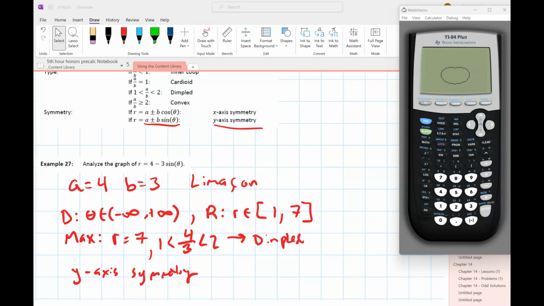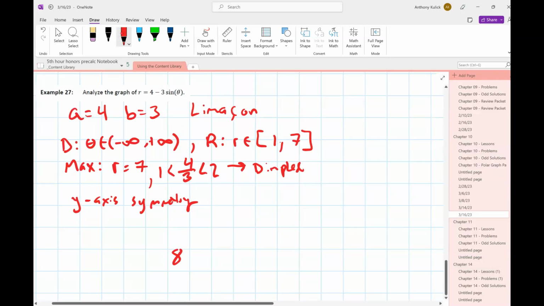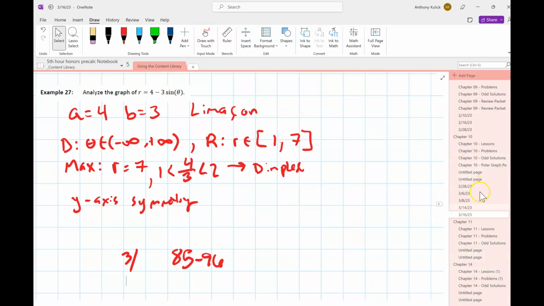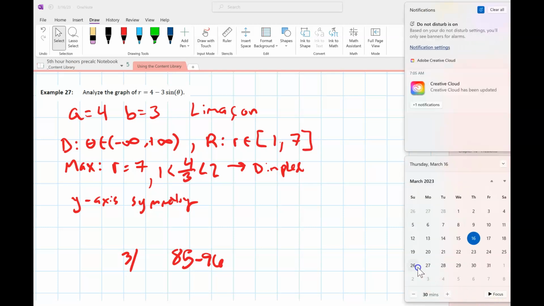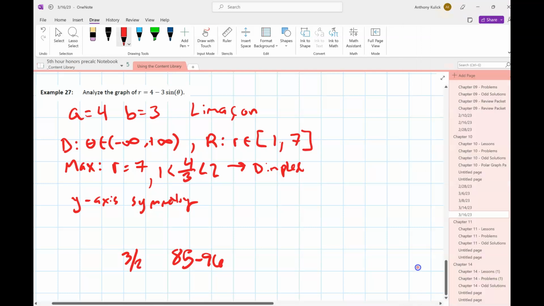So 85 to 96. That won't be due till next Sunday, though. So what's next Sunday? Dates are hard, guys. Is it like 17 plus the date now? 26th. 10 plus the date now. That would have been, all right, whatever. For this weekend, though, that is 3 days later, right?